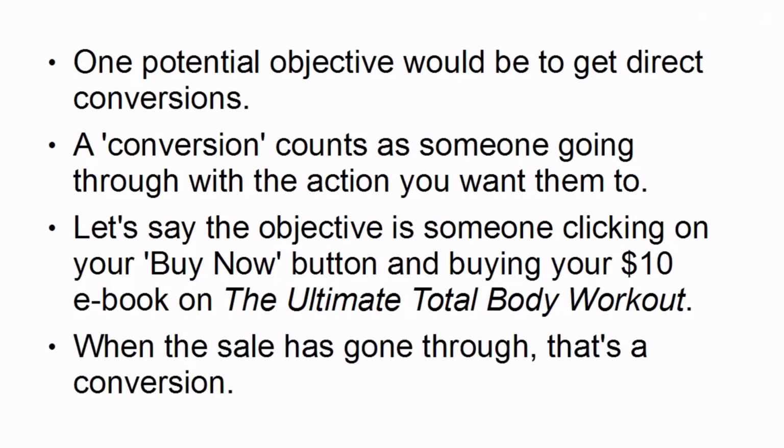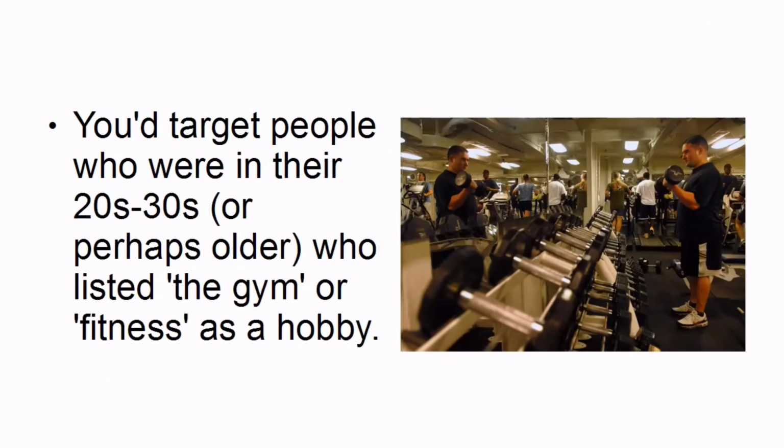When the sale has gone through, that's a conversion. So it's making a direct sale from your website via a Facebook ad. Fairly straightforward. So for this ad, you would target people in their 20s or 30s or perhaps older, who listed the gym or fitness as a hobby in their Facebook profile.